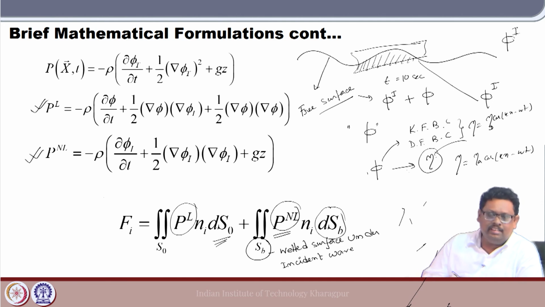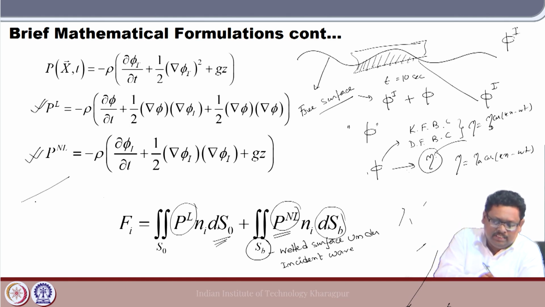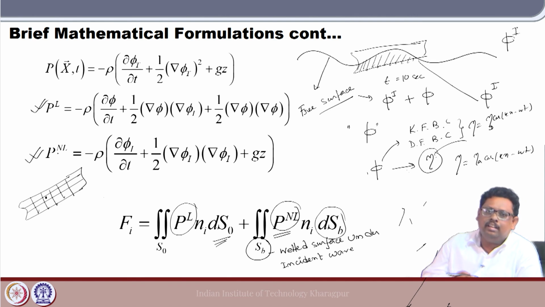Both are integrations. You have the panel. How numerically we do that, we are definitely going to discuss in the algorithm later on, but at least now you should know how we get the PNL. If this is my ship and I discretize it in panels, this pressure should be at the centroid of each panel.